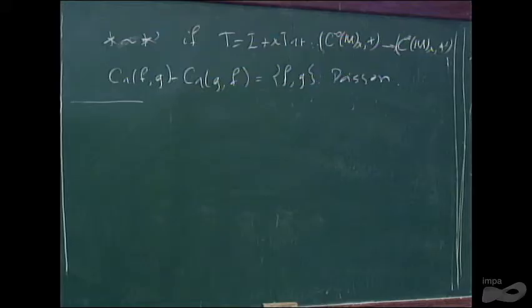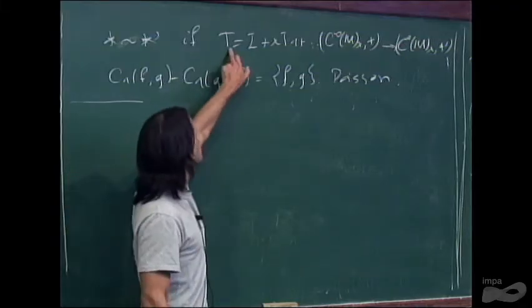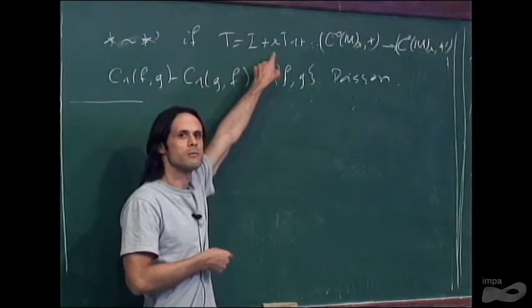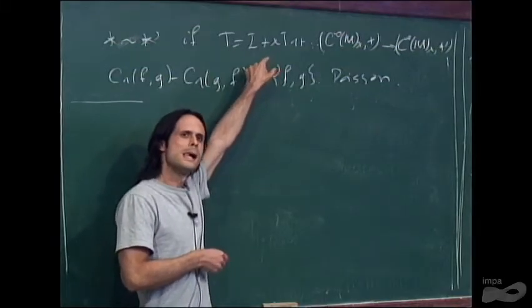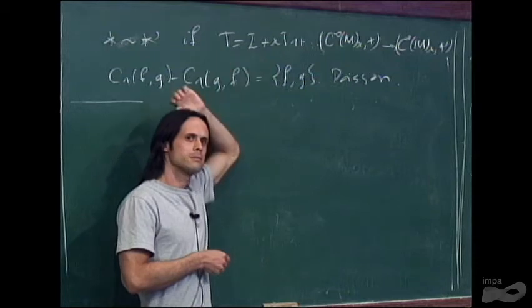What I'm saying is that anything that starts with the identity is the exponential of something in this form. So it's a formal diffeomorphism. But for that you don't have to ask that this is an automorphism of the undeformed product.